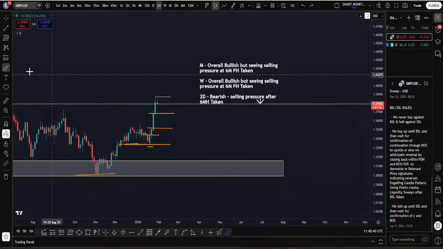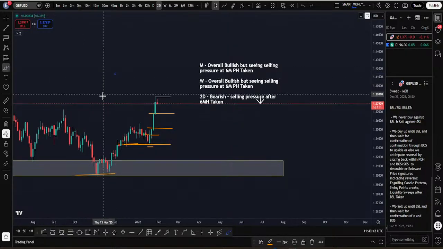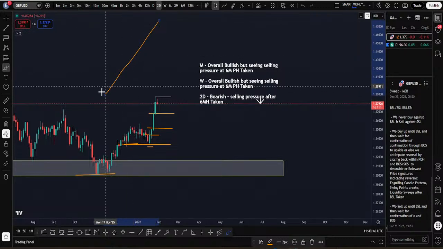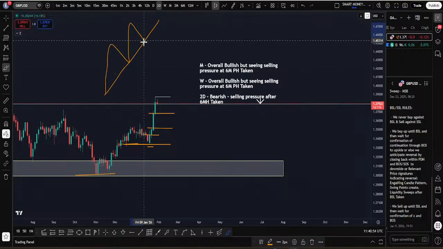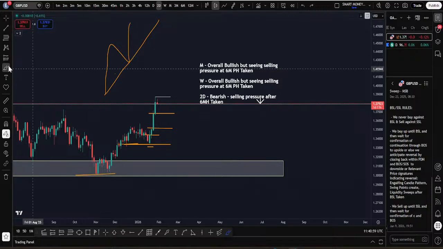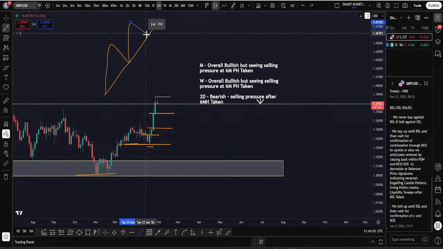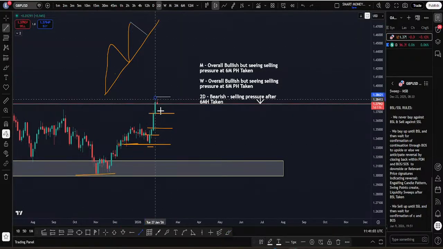So it's almost like being able to say, for example, I'm in a bullish market, price is going up, but today's trade could be that of a bearish move in a bullish market, right? So I think that's the key, being able to see that. Is that what we're seeing today?